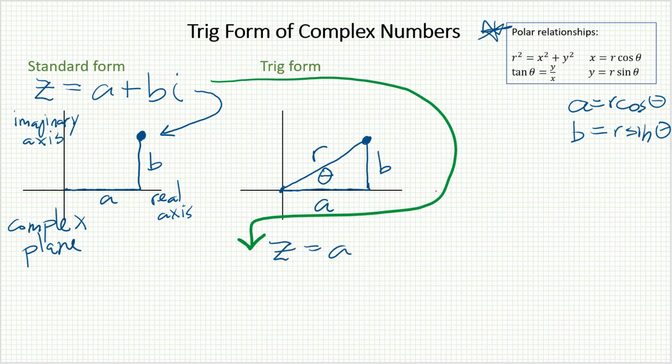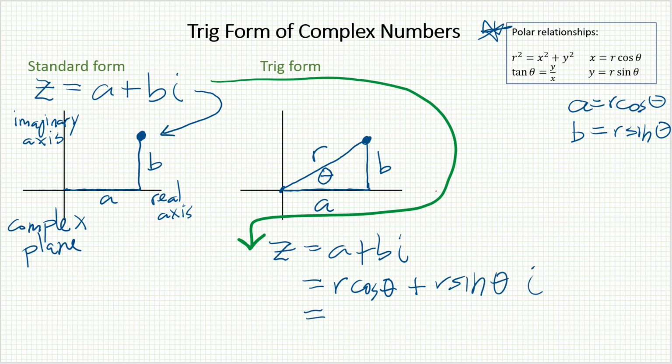So we have a plus bi, but in this new trig form, the a can be replaced with r cosine theta, and the b can be replaced with r sine theta.